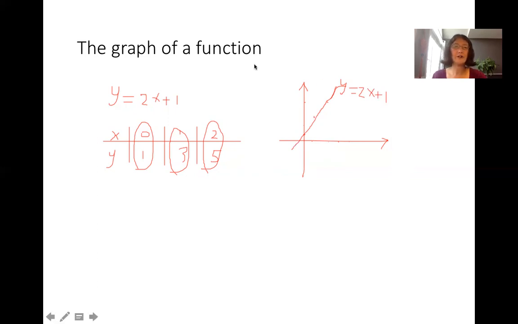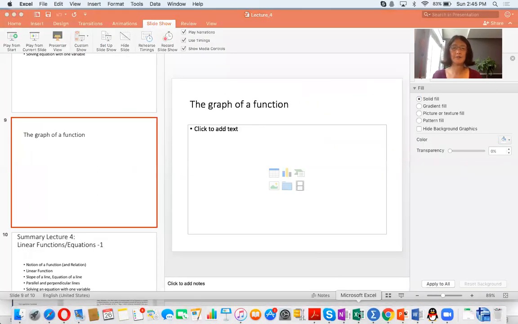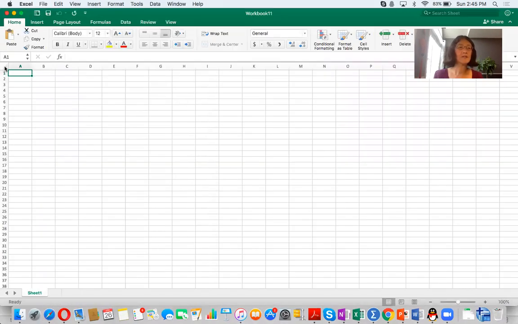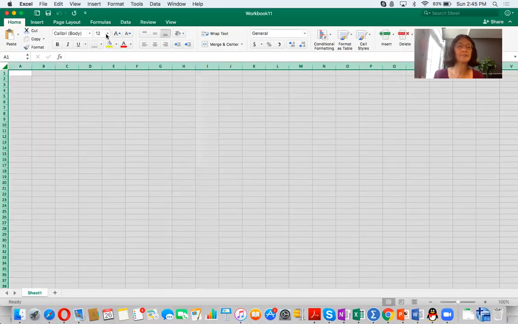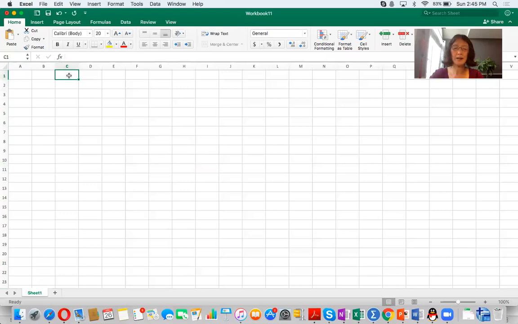You can also do it using Excel. You can open up an Excel file, file, open new. Just increase the font size. So what you are going to do, you want to plug in y equal to 2x plus 1.